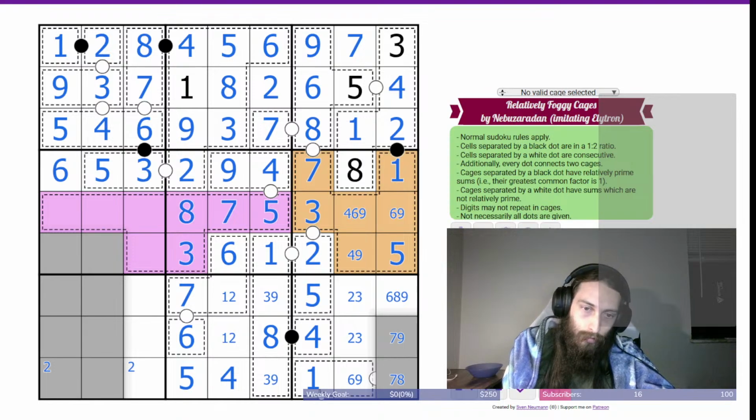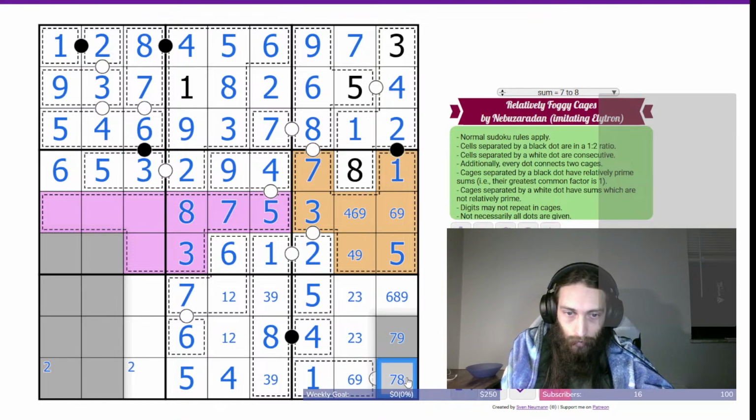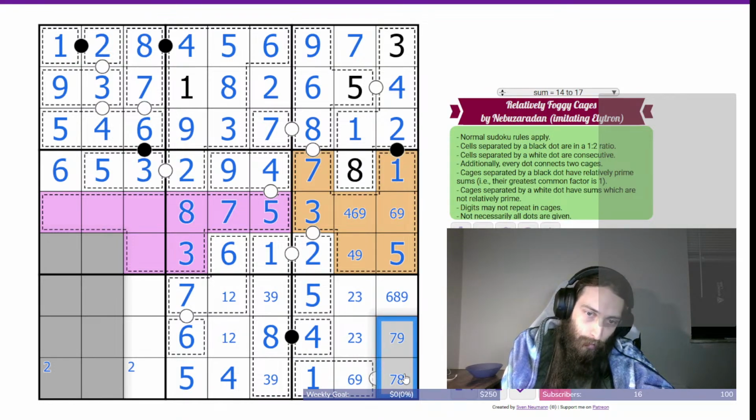And, okay. 1 and 6 is 7, which is co-prime with 8. 1 and 9 is 10, which is co-prime with 7. But it could be both of them. So 4s.